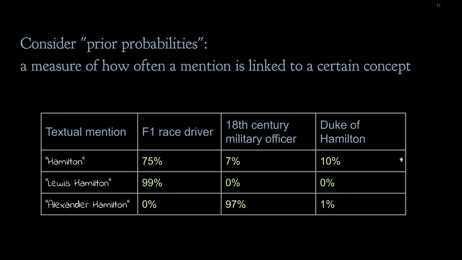So let me introduce you to the concept of prior probabilities. What this really means is that if you have a mention, let's for instance say the mention is Obama, even if I give you no lexical context, no sentence or other information at all, when I say Obama, I think everybody here in the audience thinks about the former president, right? The former US president, even though I'm sure there are very many more people called Obama.